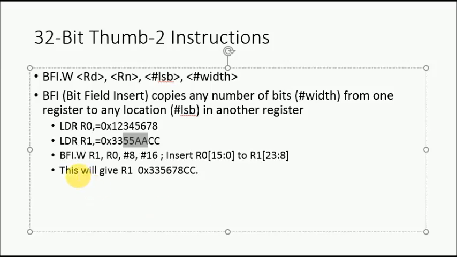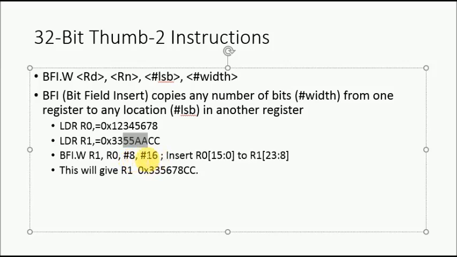Now here it is going to copy the content from R0, that is 16-bit data, D0 to D15, that is 5678, to this position, because we have to specify in the instruction that we have to insert the bits from the location D8, and the width is provided as 16.